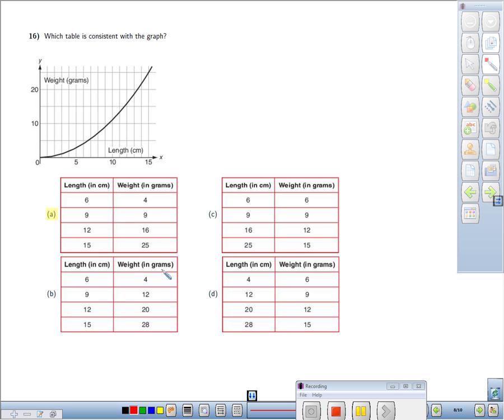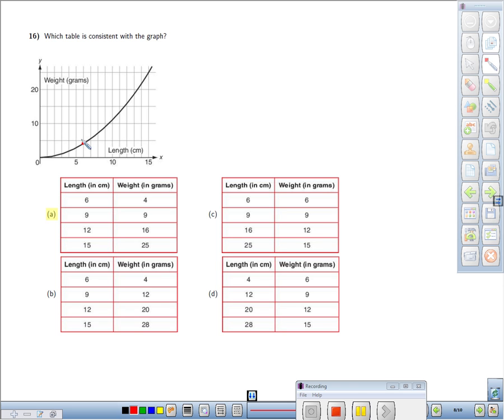We can start plotting points and seeing, hey, which of these seems to match the situation? Well, notice all of them start off with a 6 except for D. So let's see where things are at 6 and see if that helps us. So at 6 centimeters, we're about here on our weight. Well, notice that's the 10-gram line.